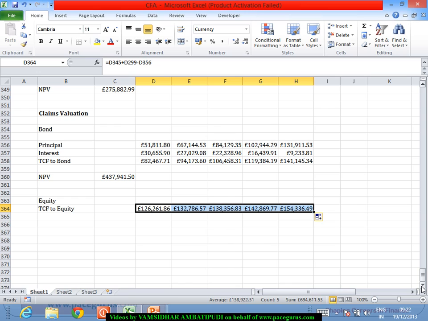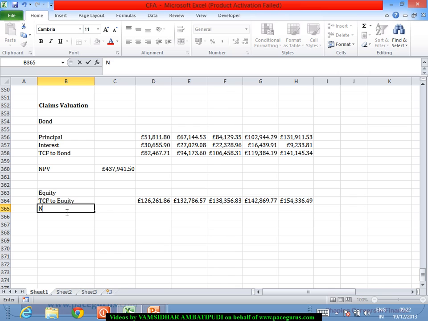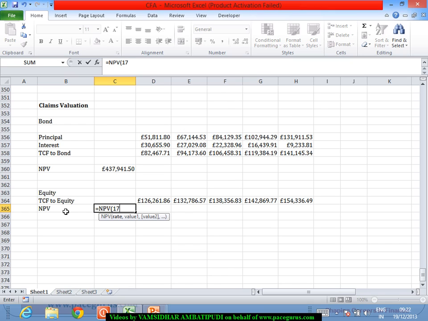Assuming that everything is paid, I can discount these cash flows, again at the cost of equity now, to arrive at the NPV. I'll discount these at 17%, and this is what will give me the total value of the equity.